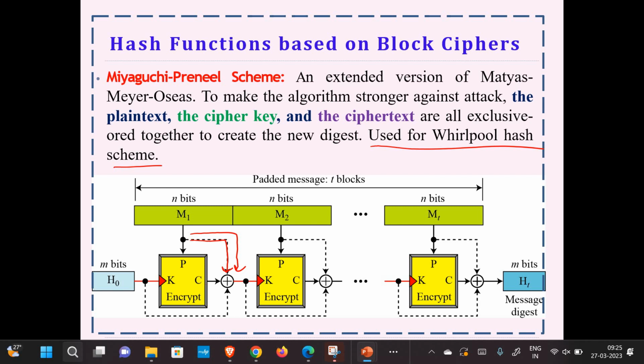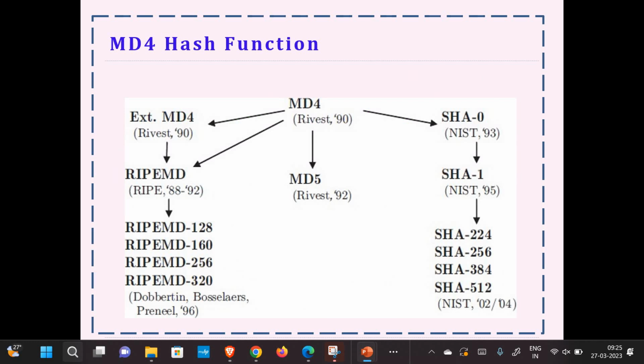So these are some of the basic building blocks of hash function generation. But mostly, these all gave rise to the concept of MD4, the message digest based iterated hash function. And for that, you can see this is the generic structure that I was talking about. MD4 is what Rivest first introduced in 1990.